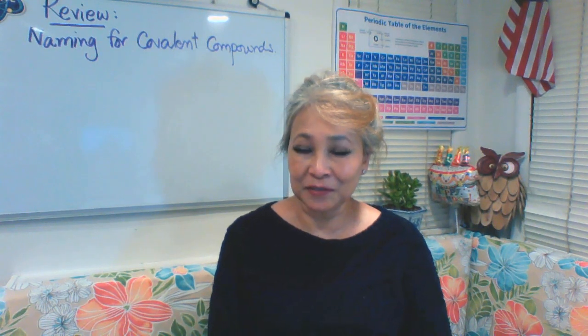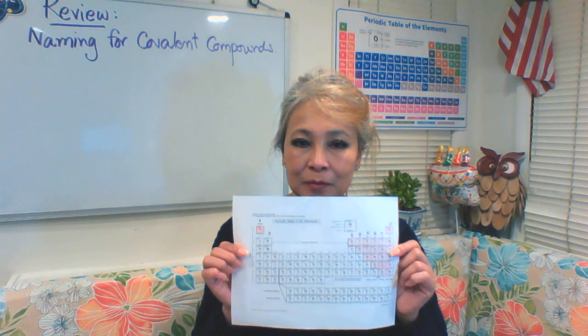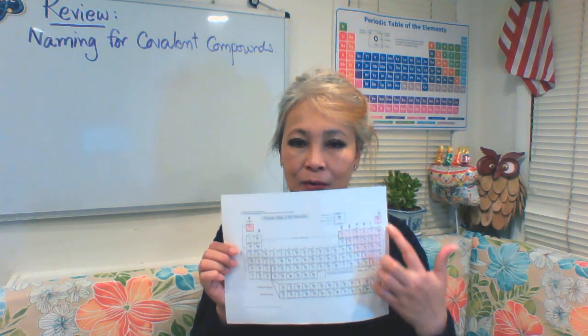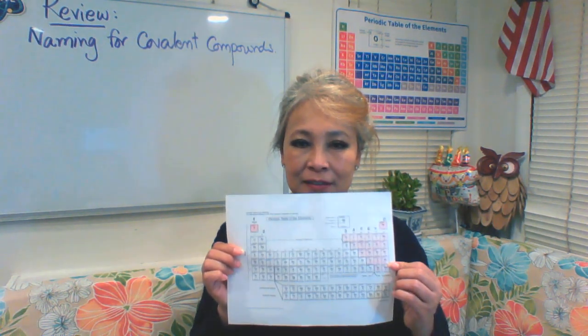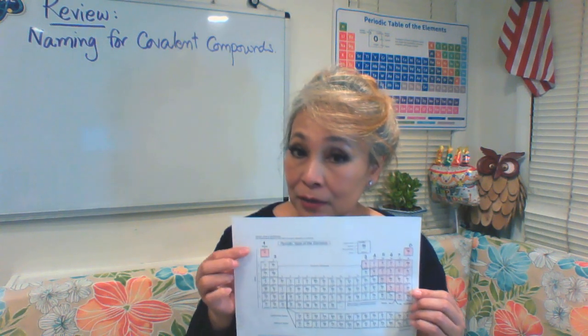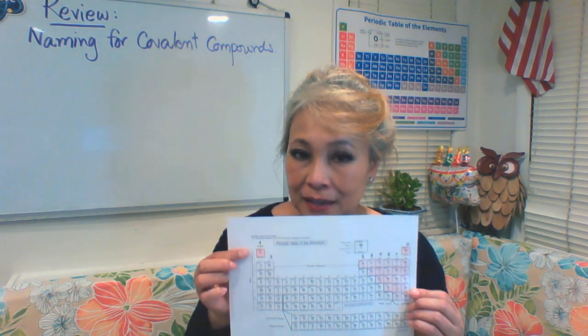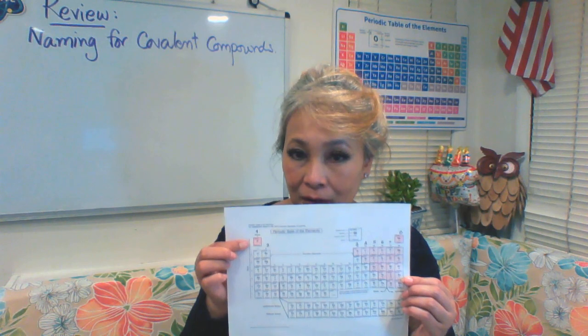Now let's finish your packet or your homework. Grab your packet. Grab your periodic table that colors only nonmetals, including hydrogen, because hydrogen is a nonmetal.